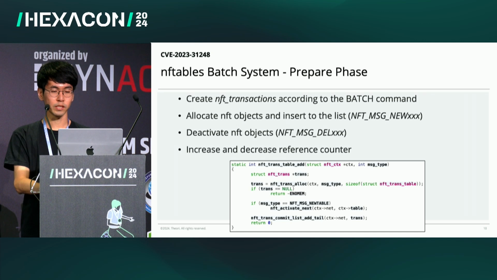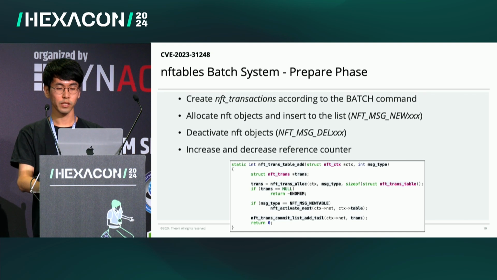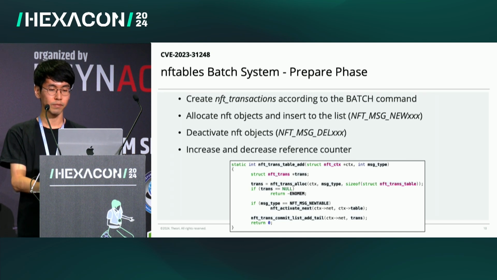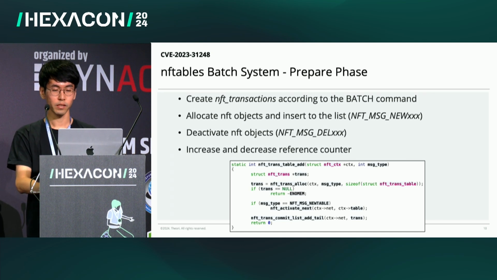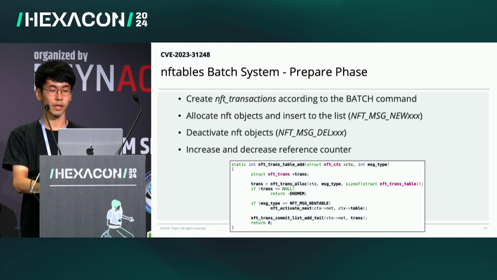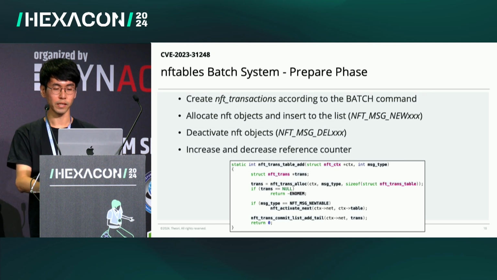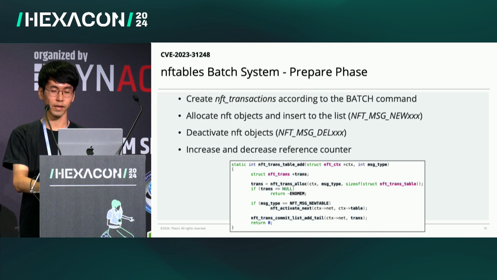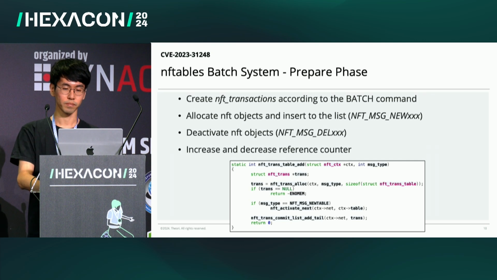This NFT transaction is subsequently used in the commit and release phases. During the prepare phase, nf_tables objects are allocated, added to the list, and their reference counters are updated. For the delete command, requested nf_tables objects are deactivated, but they are not removed from the list at this time.